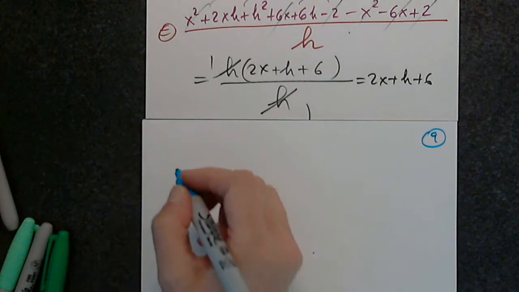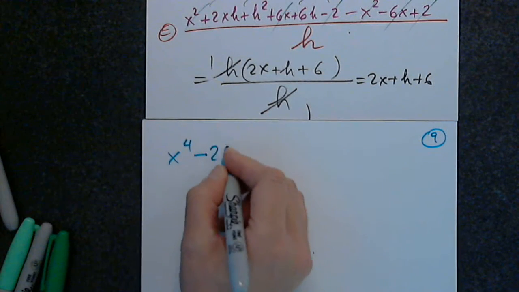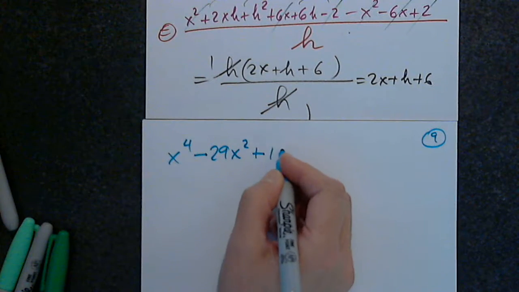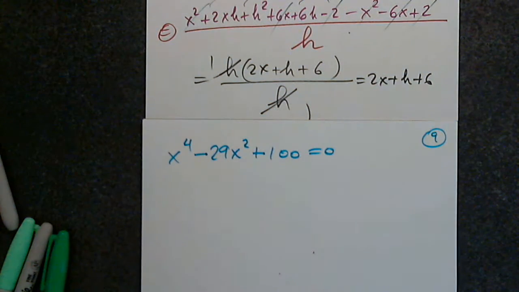Okay, so we have x to the 4th minus 29x squared plus 100 equals 0. So the question here is, first of all, what type of equation is it?